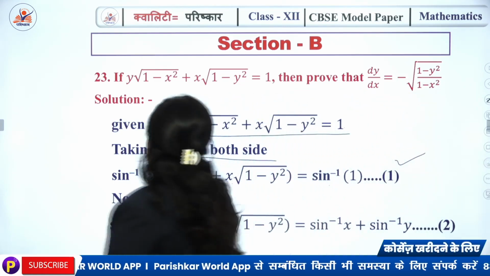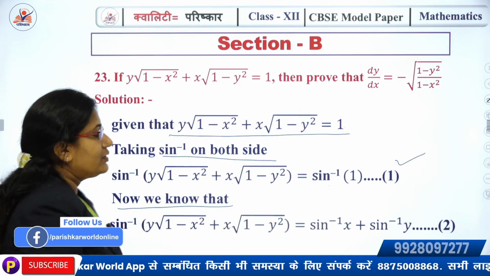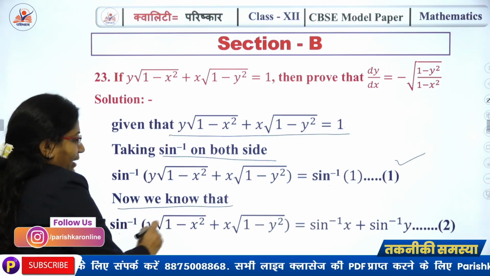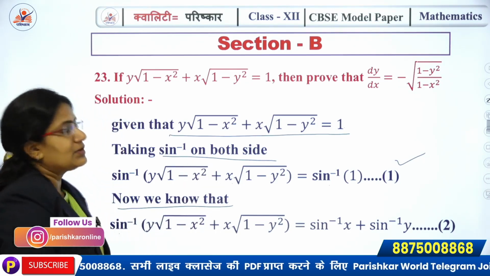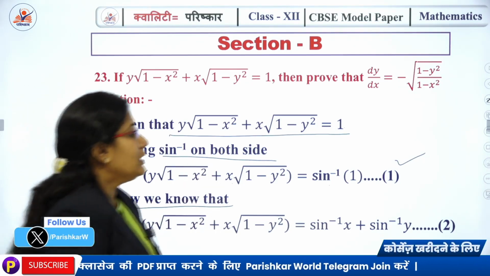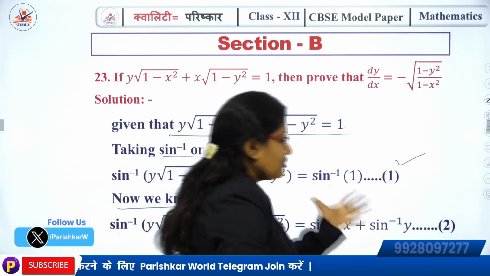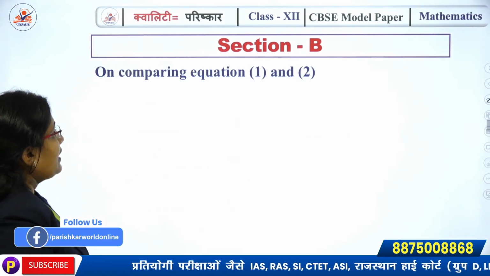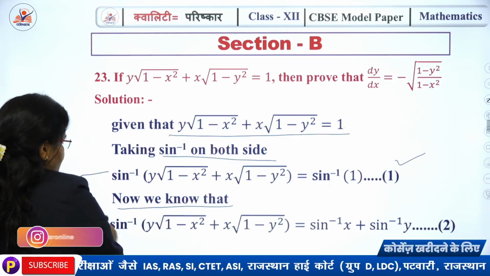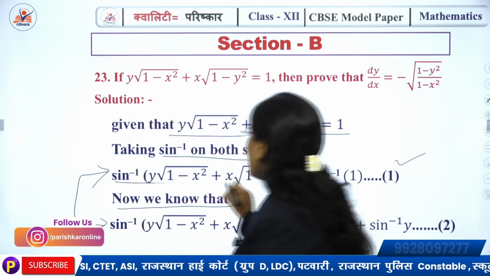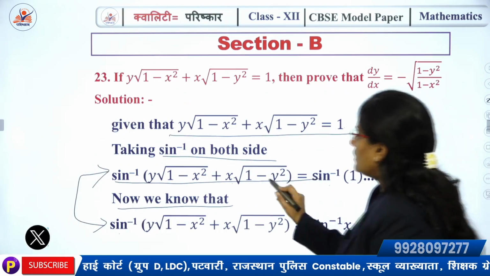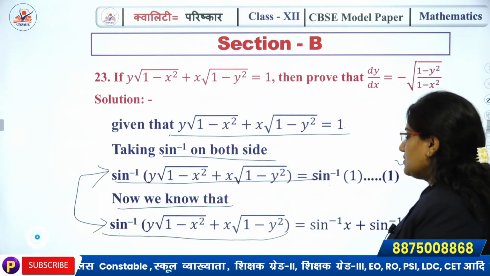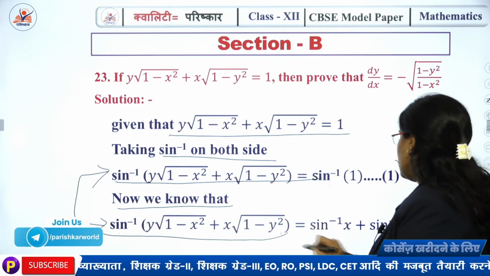Next, we know that we have a formula of sine inverse x plus sine inverse y. What is the formula? Sine inverse of y under the root 1 minus x square plus x under the root 1 minus y square is equal to sine inverse x plus sine inverse y. Equation number 2. Students, as you know, the LHS of both the equations are the same.